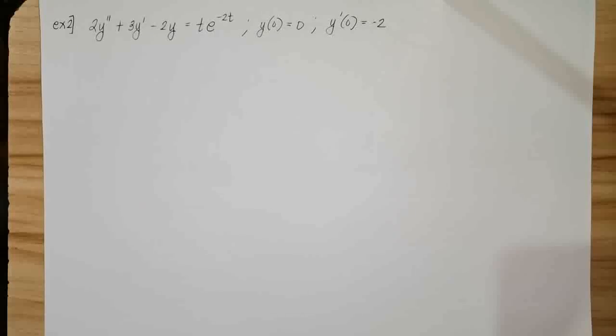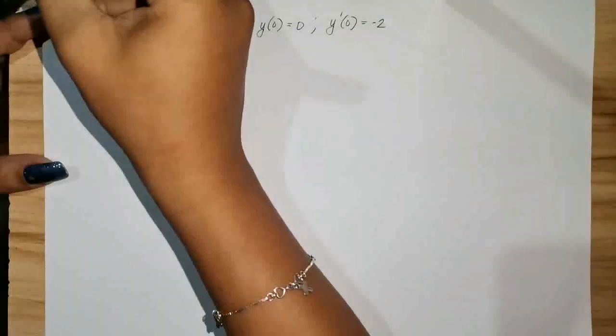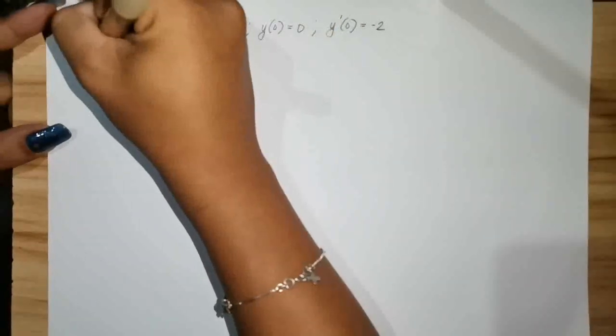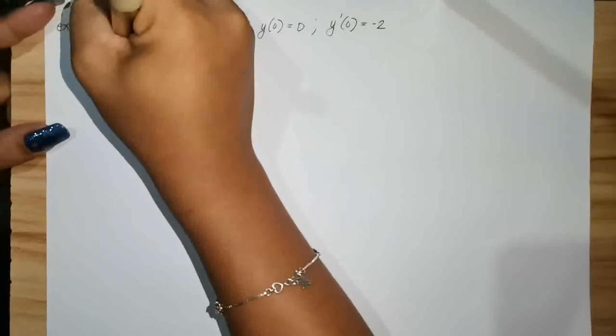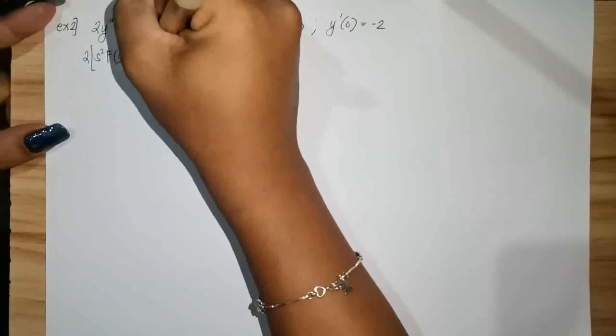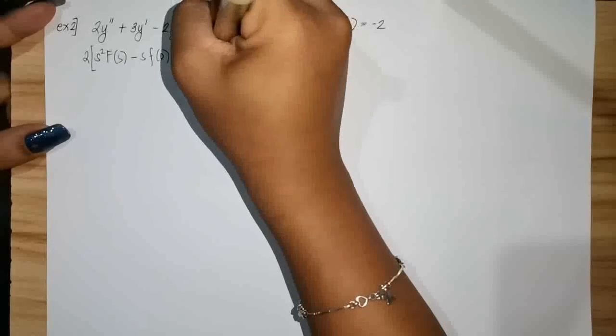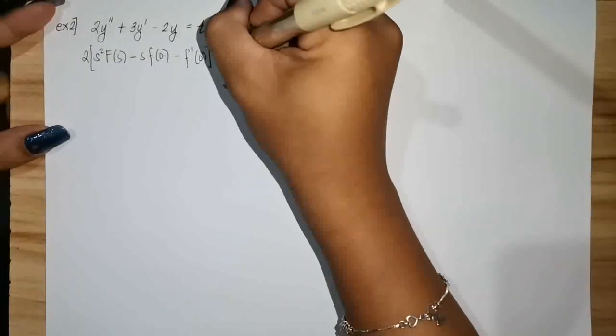Okay, example number 2 is 2y double prime plus 3y prime minus 2y equals t e raised to negative 2t, wherein y of 0 is equal to 0, y prime of 0 equals negative 2. So again, using your shortcut formula, that's 2, then the Laplace transform of the second derivative, that is s squared, then f of s minus s multiplied by f of 0 minus f prime of 0 plus 3.